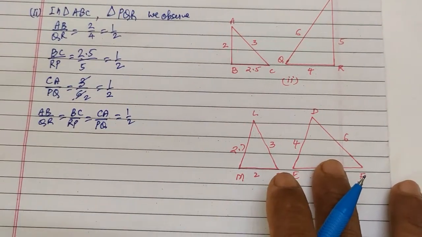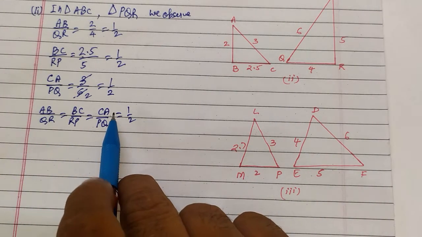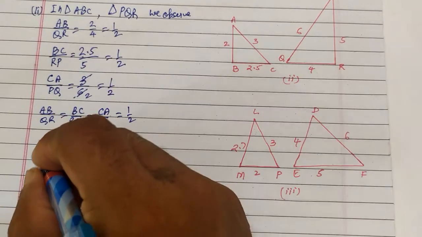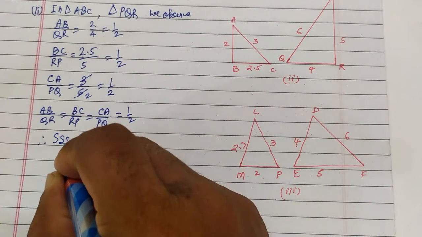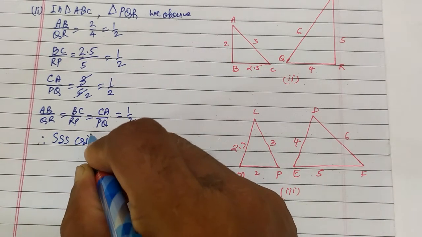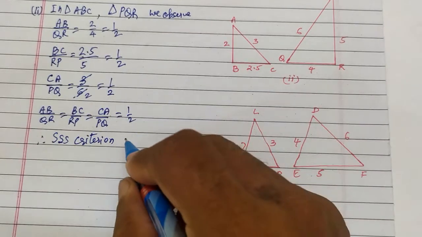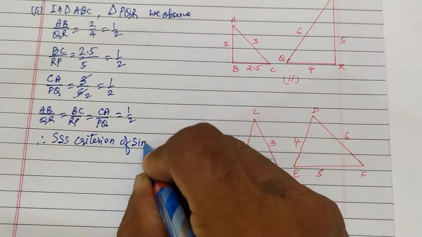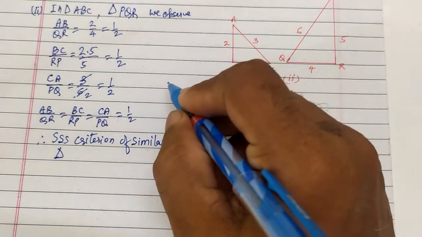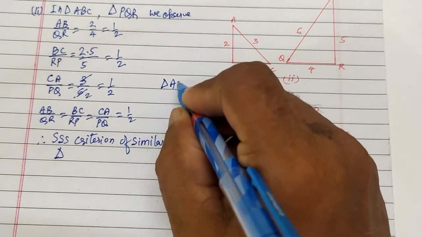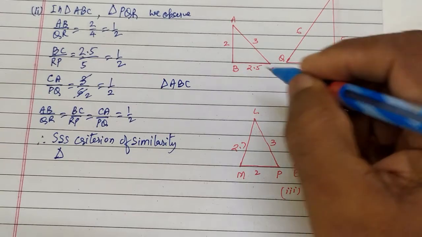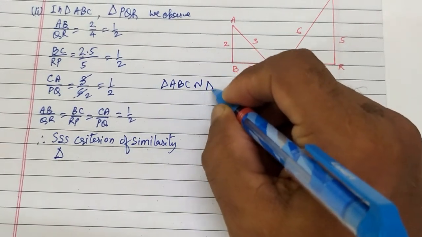Therefore all the 3 sides are in proportion, therefore by SSS criterion of similarity, triangle ABC is similar to triangle QRP.